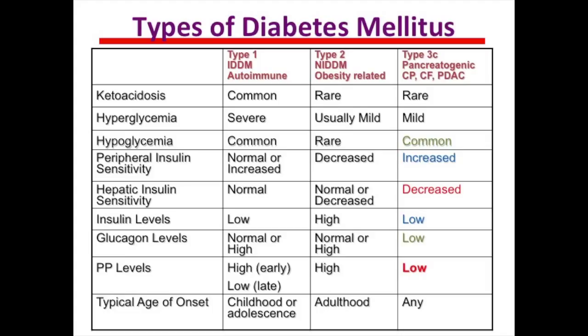We know that it has some specific hormonal signature. We know that pancreatogenic diabetes, due to all of the various forms, and I'll show you some, is characterized by lower levels of insulin, which makes it quite different than type 2 diabetes, low levels of glucagon, and very low levels of pancreatic polypeptide. It can occur at any age due to any one of a number of different causes.